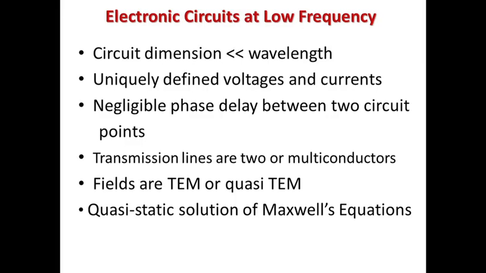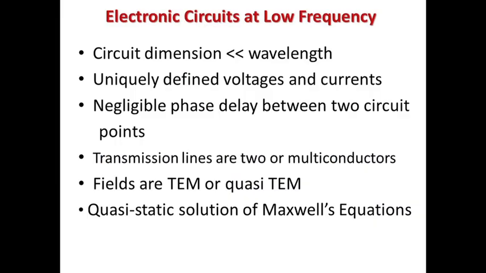So, we have negligible phase delay between 2 circuit points at lower frequencies, and we can also use 2 conductor transmission lines like coaxial lines at low frequency, where it is very easy to define the voltage and currents uniquely.